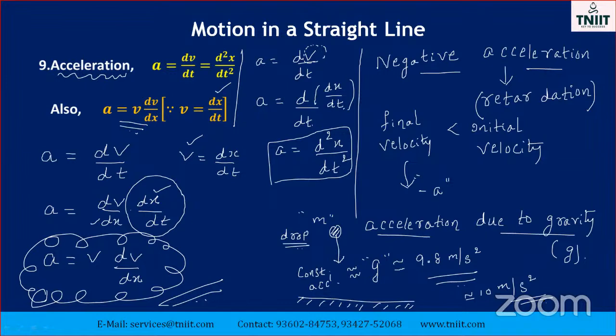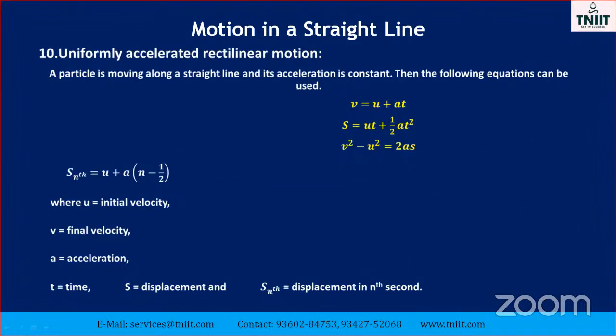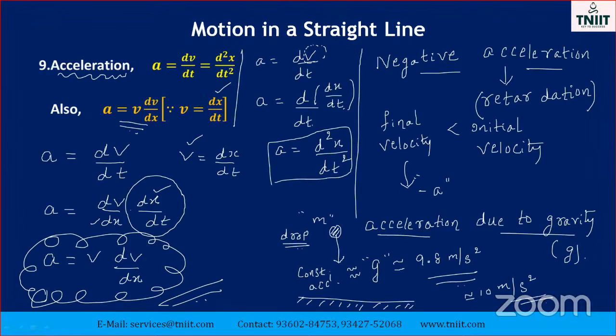Got it? So these are the different types of acceleration, that is retardation and acceleration due to gravity.